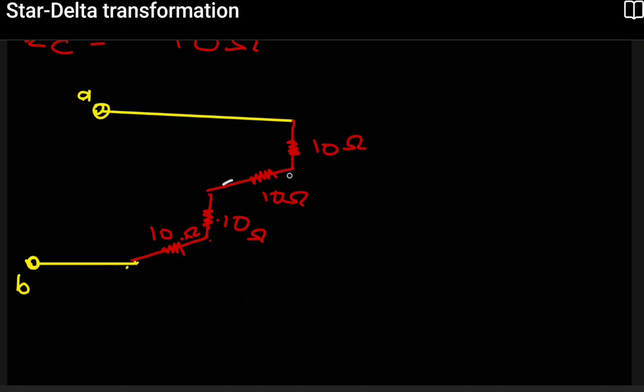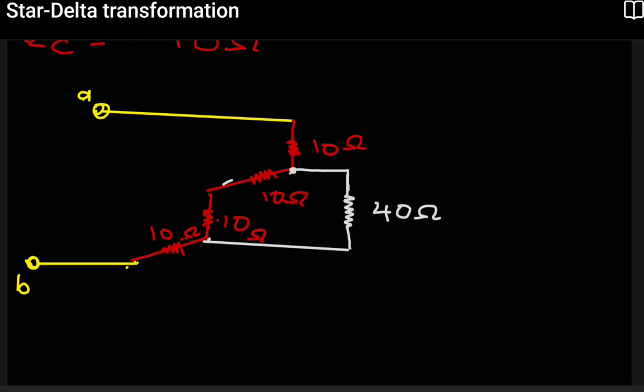In place of these, starting from here, coming up to this point, we can substitute these by a combination. So let me take it out like this, then take it down, put our resistor here, and then bring it here. So this is 40 ohms.